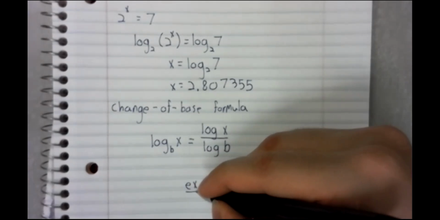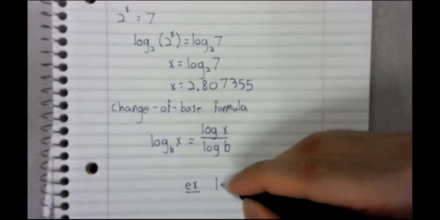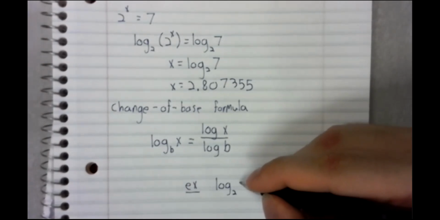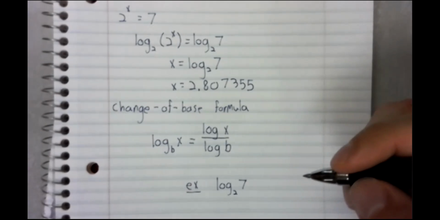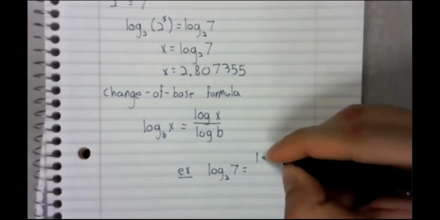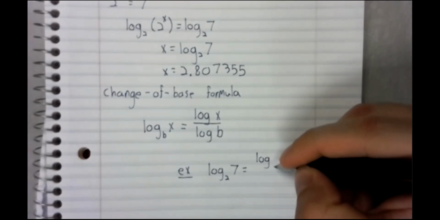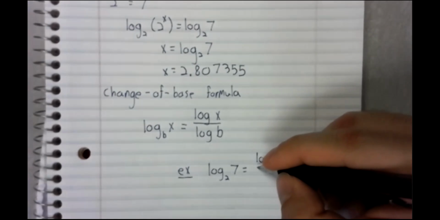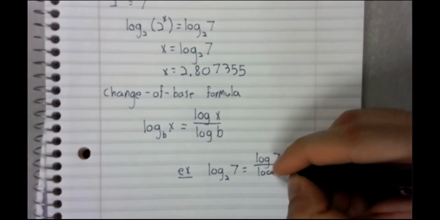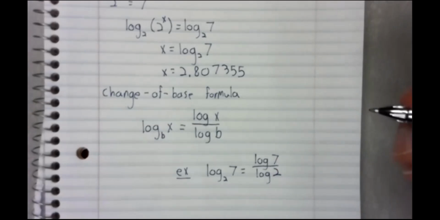So, for example, the log base 2 of 7 ought to be the common logarithm of 7 divided by the common logarithm of 2.